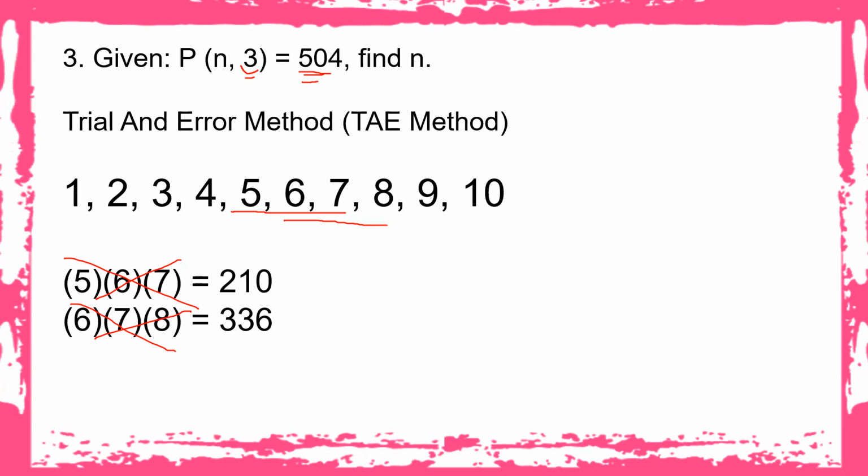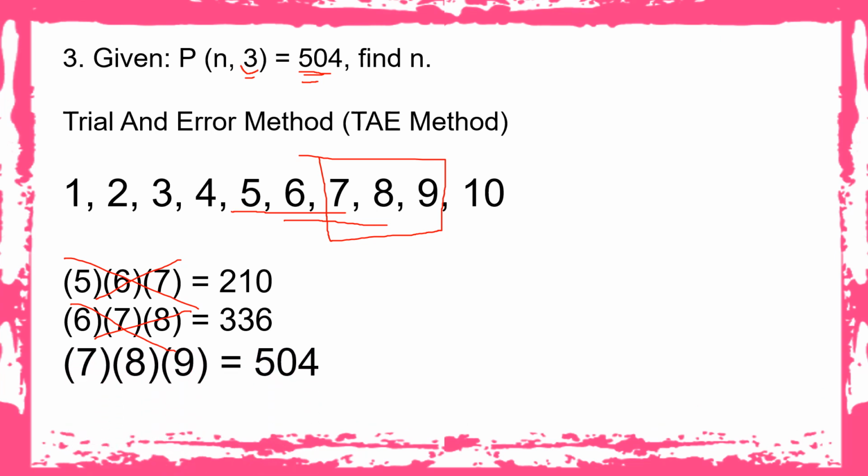What if we multiply 7 times 8 times 9? What is our answer? Correct, 504. So that is our goal, 504, and our 3 consecutive numbers are 7, 8, and 9.